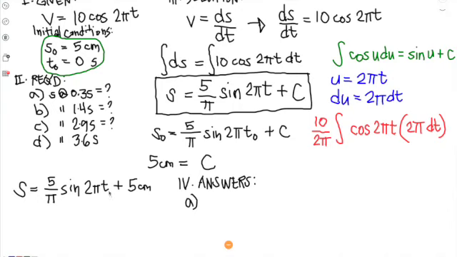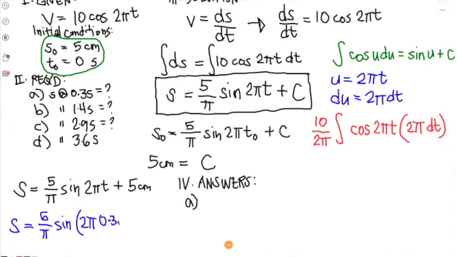So please put your calculators in radians, or if you want to use degrees, we'll just follow this one. We write our s would be equal to 5 over pi sine of 2 pi times 0.3.